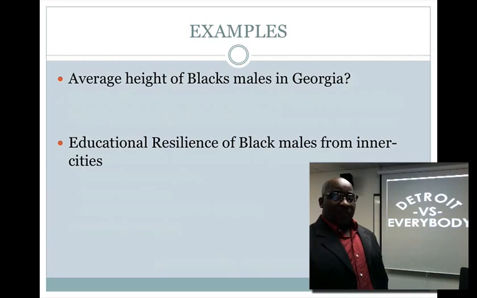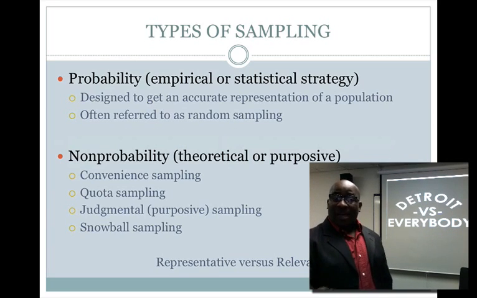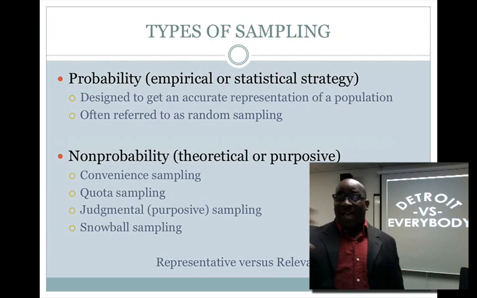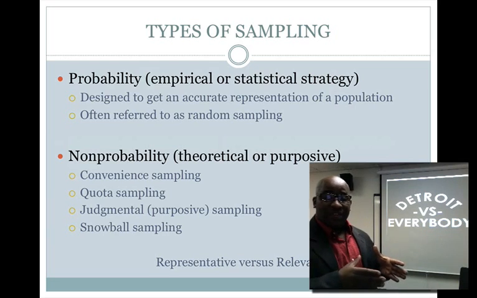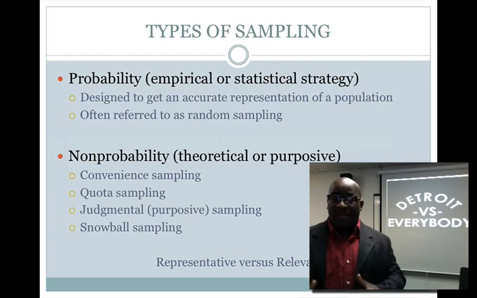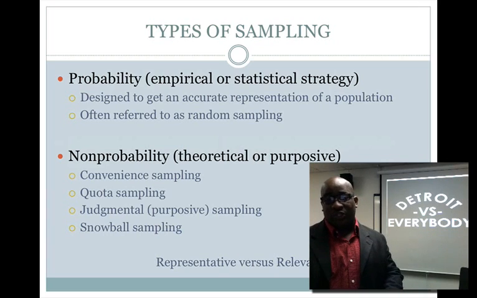If your research is trying to discover the average height of black males in Georgia, then you will be concerned about having an accurate representation of a population, because you want to learn about black males in Georgia. That's a whole population, but you want to understand the average height. So you get a sample of black males, because you can't find all the black males in Georgia.